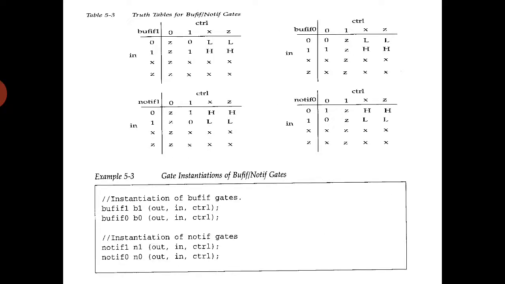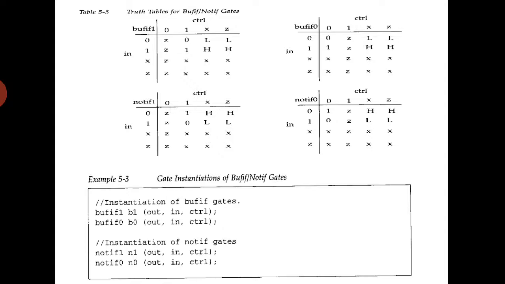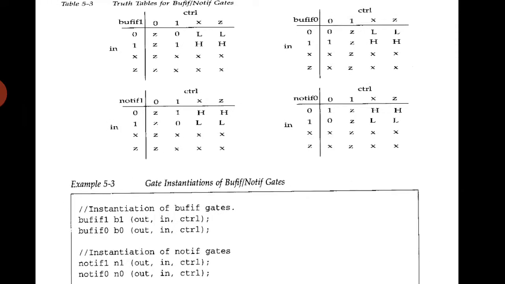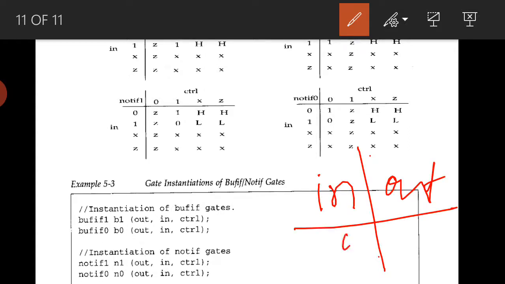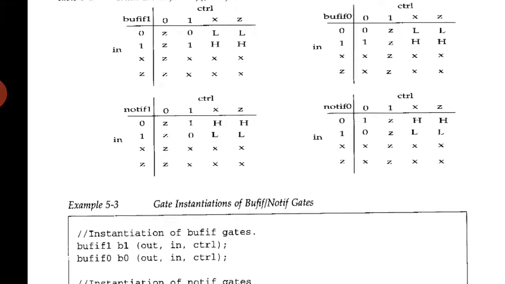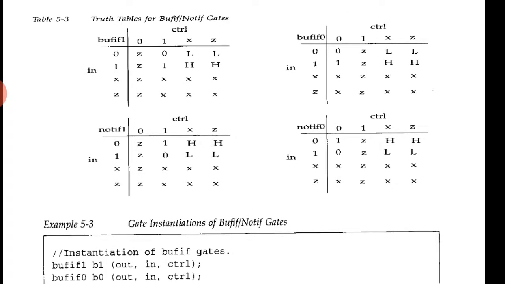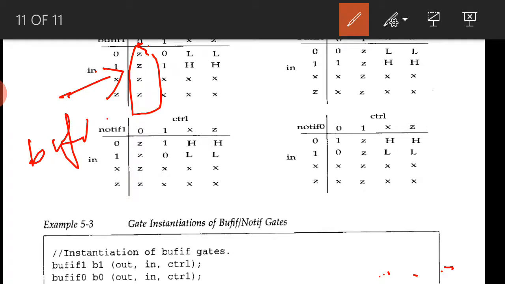As I said, here is the truth table for bufif1 and bufif0. Here we have inputs for both, because for the buffer and NOT gate we had only in and out, but for this gate there are 2 inputs, one control and one data input. For bufif1, if the control is 0, all the outputs will be Z, because it works only if the control signal is 1.